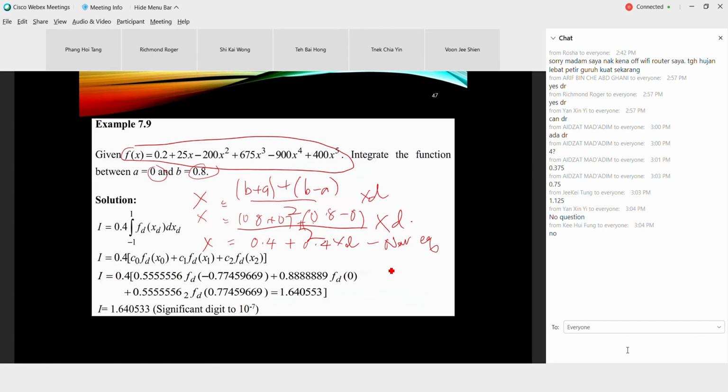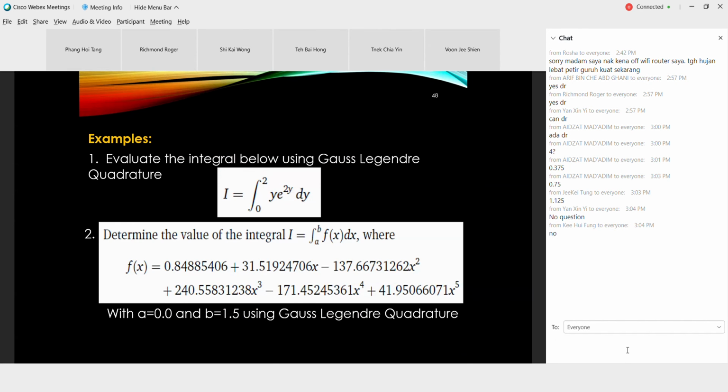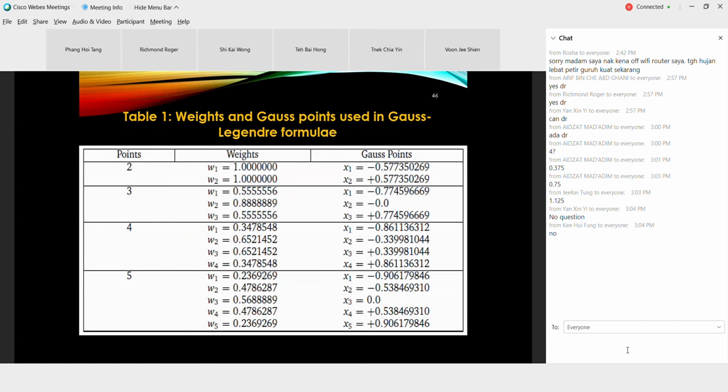Minus 1, 1, function ni tadi, 0.4 plus 0.4 xd. dxd sama lah. So untuk solution ini dia keluarkan 0.4. After it moves out the 0.4, so dia change kepada weightage. Directly change the weightage.